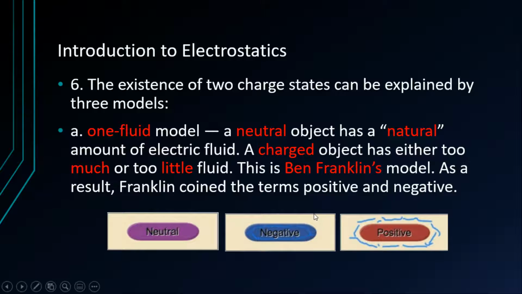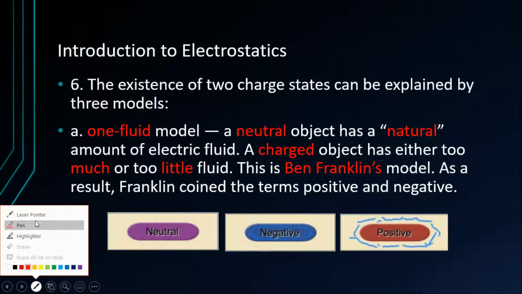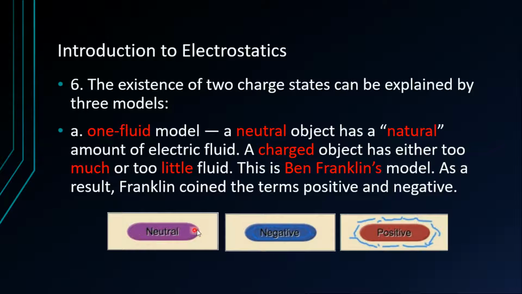So if you look over here, can I write on this? Yes. And laser pointer. Okay, so here is a neutral object, and notice how we'll say the purple is the liquid and it fills the pill or the space entirely. But if you look here at the negative pill or the negative space, notice how there's a line inside there, and that's showing that the liquid is not going all the way to the end.